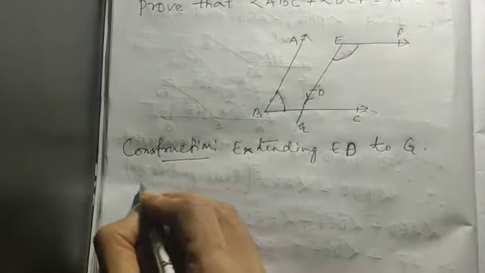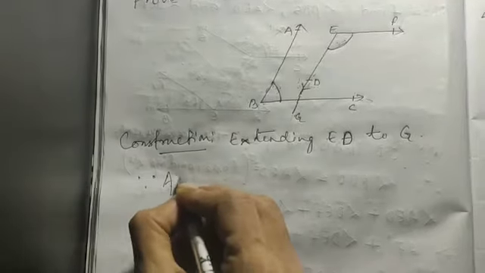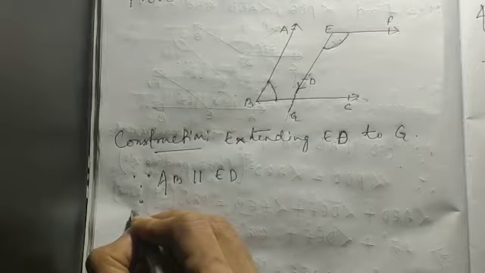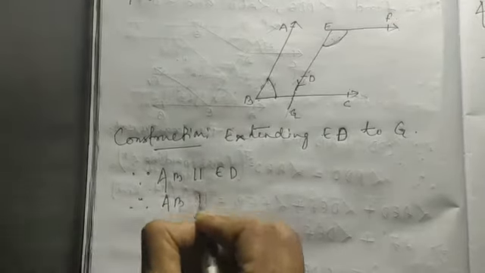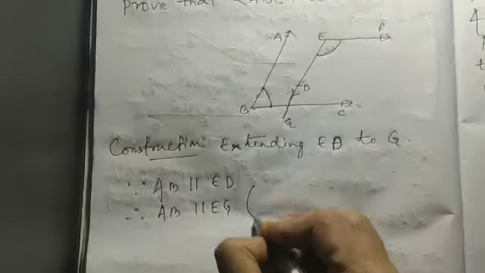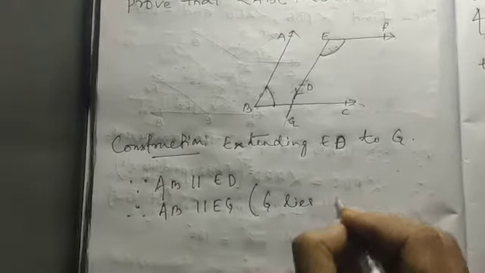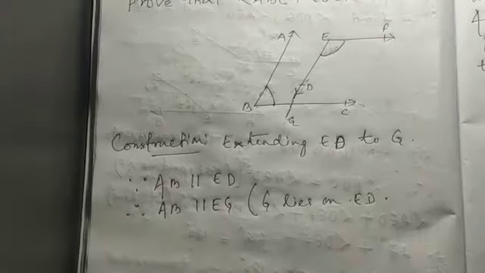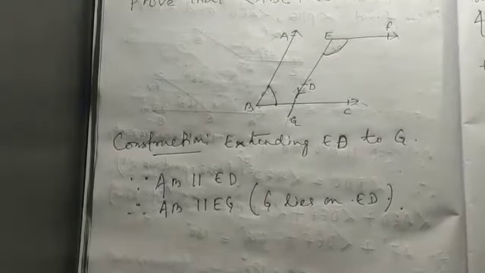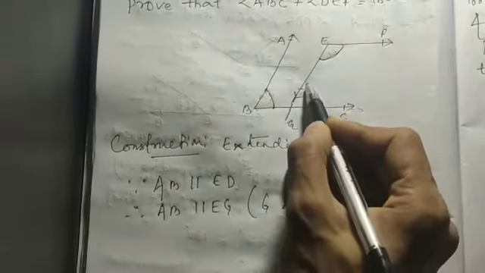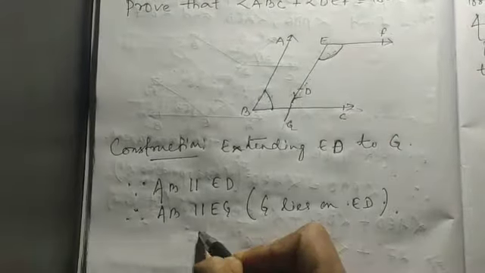So since AB is parallel to ED, therefore AB is parallel to EG also. Why? Because G lies on ED. Done. Now these two lines are parallel.